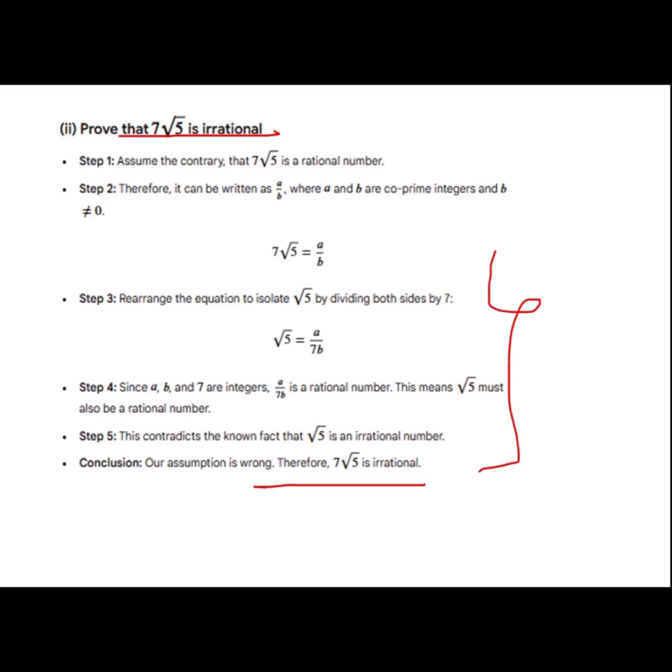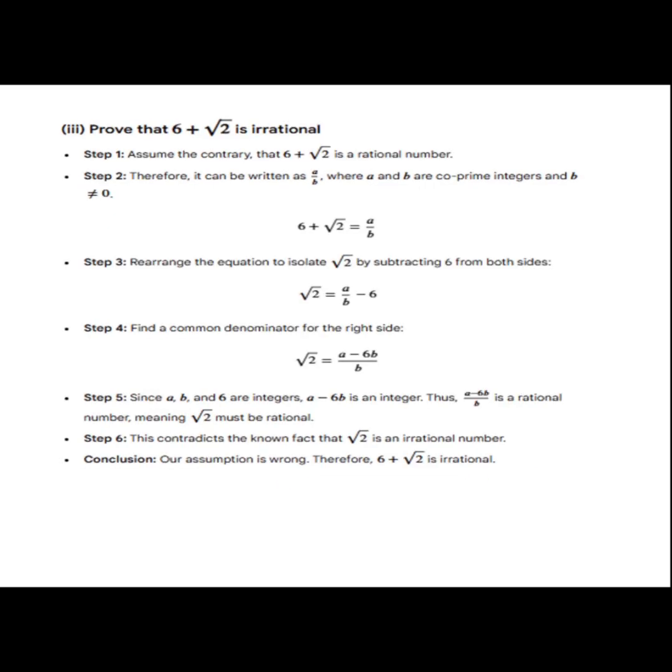Apply this theorem, we will get 7 into root 5 is an irrational number. Next question is prove that 6 plus root 2 is an irrational number. For this also use the same theorem. We will get the 6 plus root 2 is irrational.